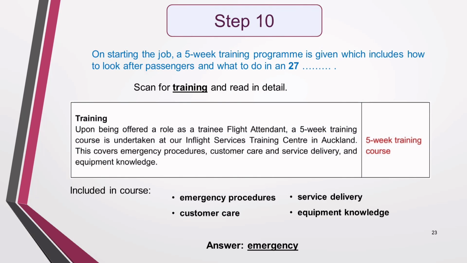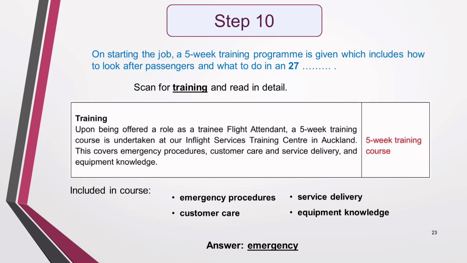On starting the job, a 5-week training program is given, which includes how to look after passengers and what to do in an something. I remember that one of the paragraphs in the text is titled Training, so I go straight to this section and see that I've noted 5-week training course beside the paragraph. This must be the location of the answer.